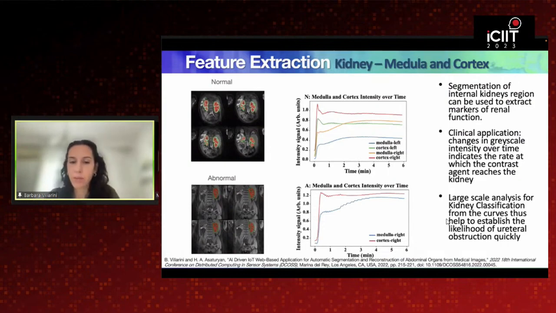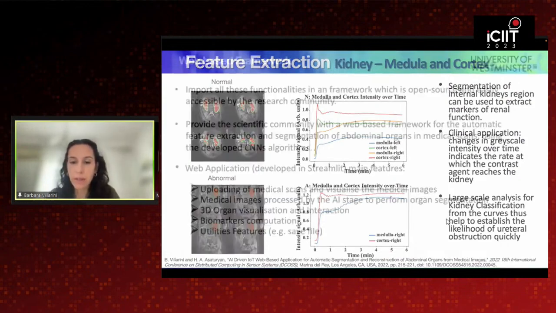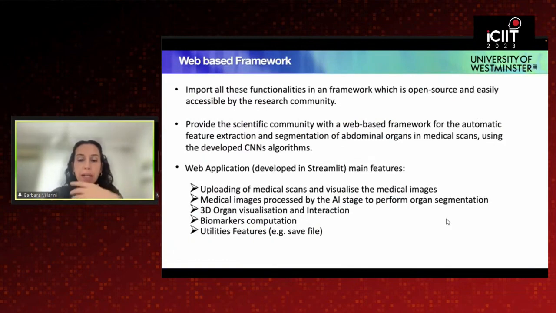So these were some of the studies that we carry on, but the main idea is to provide the scientific community with a web-based framework for the automatic feature extraction and segmentation of different organs in medical scans, using the algorithms, using this AI engine that I showed you before.